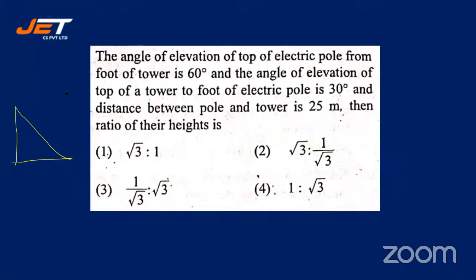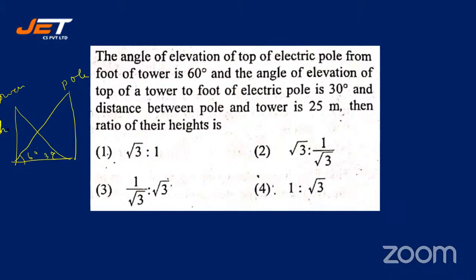And the angle of elevation of top of the tower to the foot of electric pole. So this is electric pole. Okay, so let's assume this to be pole. Okay. So this is 60 degree. And let's assume this to be tower. This is 30 degree. All right.